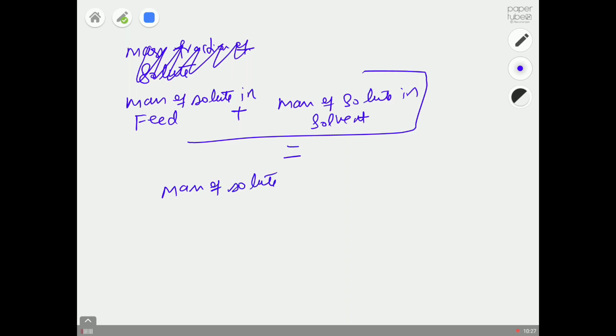Your solute is not going to disappear, because mass cannot be destroyed and mass cannot be created either. So mass of solute in raffinate plus mass of solute in extract.